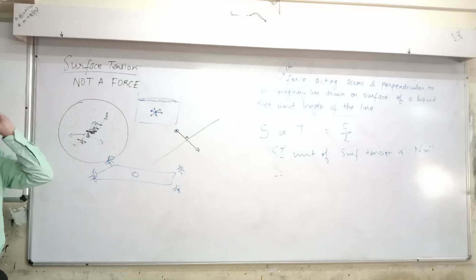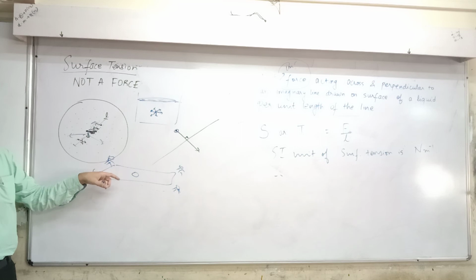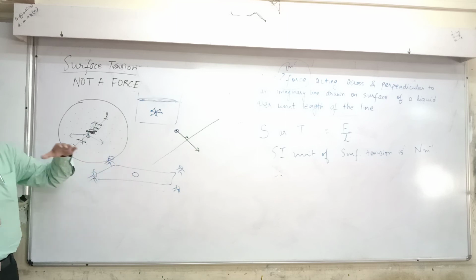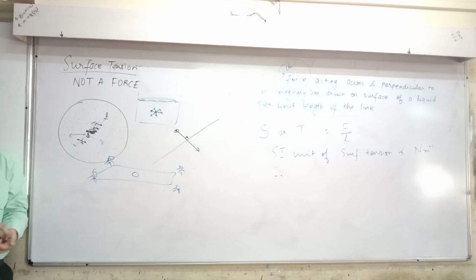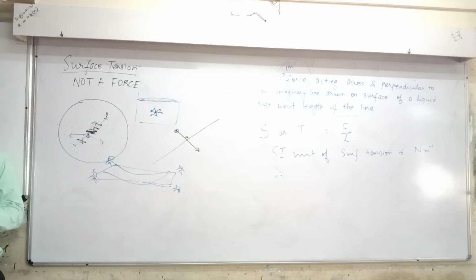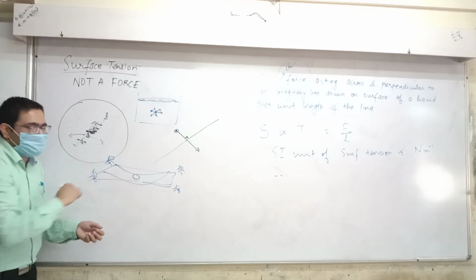This cloth will sag. Roughly speaking, its shape will change and it will get curved like this, correct? Why? Because of the force of that ball, correct?